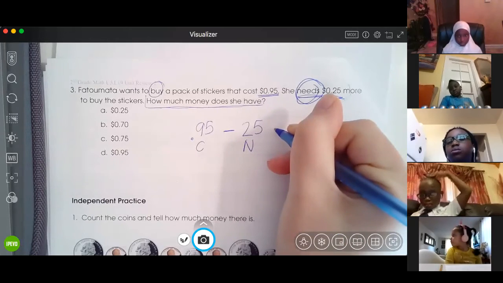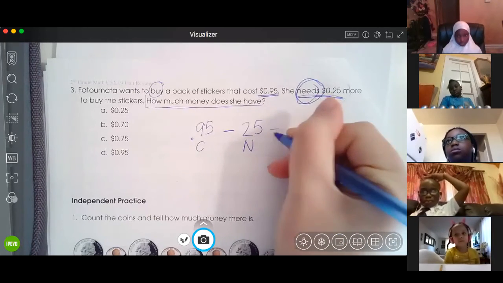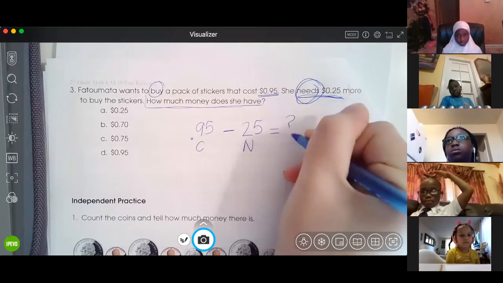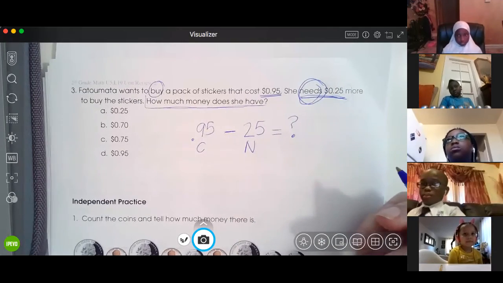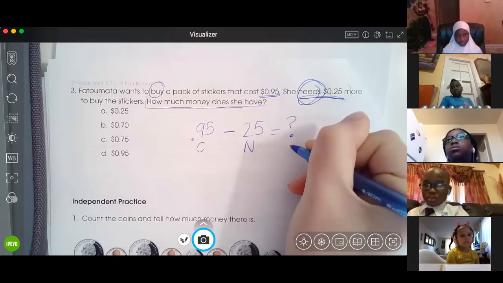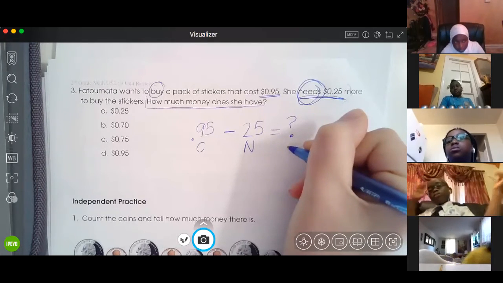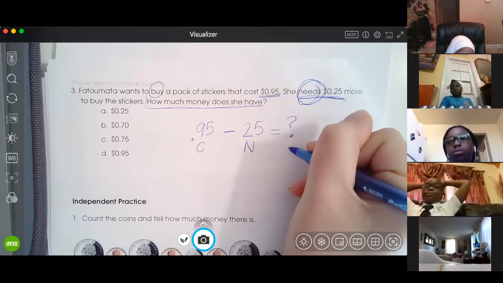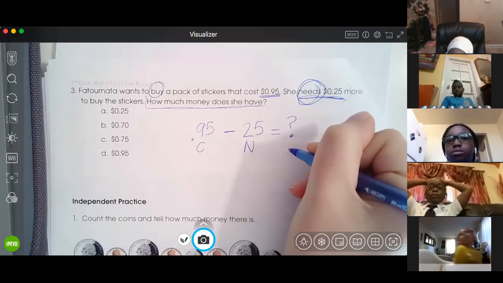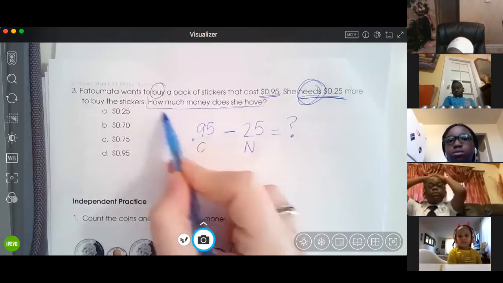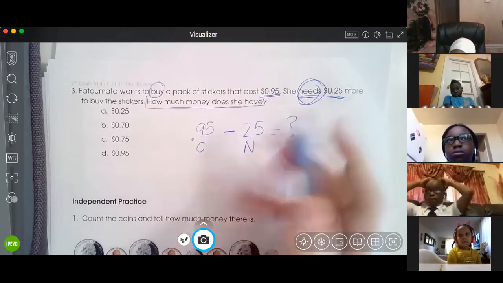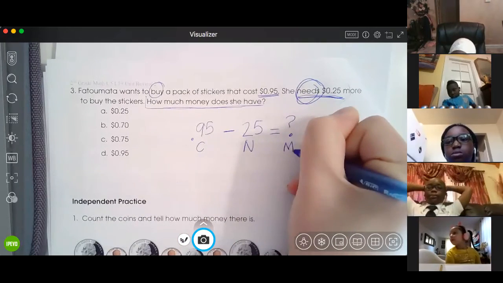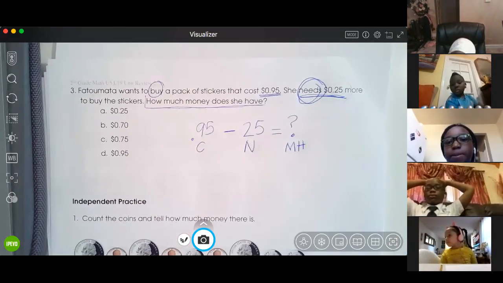And equals question mark. And then what does the question mark represent? What are we trying to find? MSH for money she has. Great job.